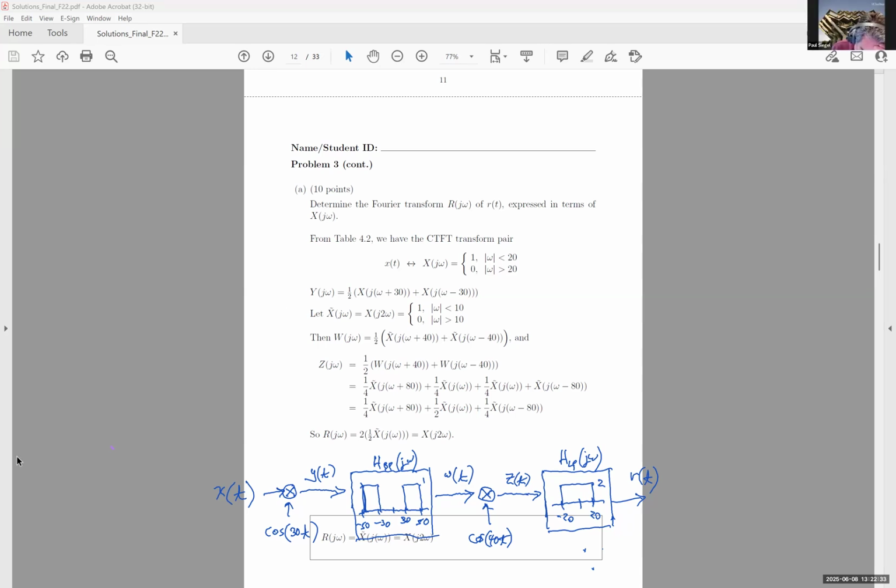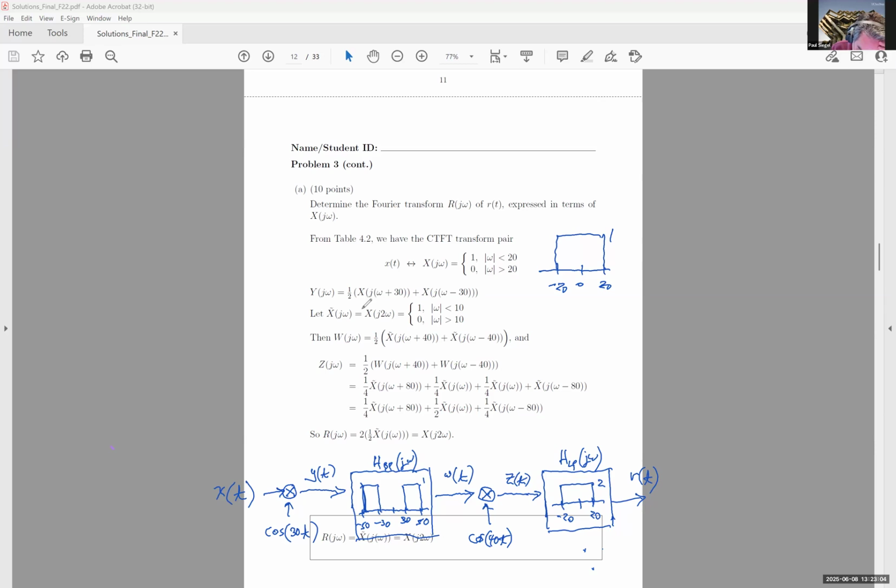Okay, so for x of t, we just start out, and you recognized what the transform of x of t was because it was a sinc function. So it's going to look like this.